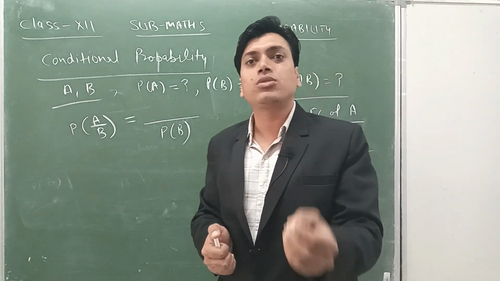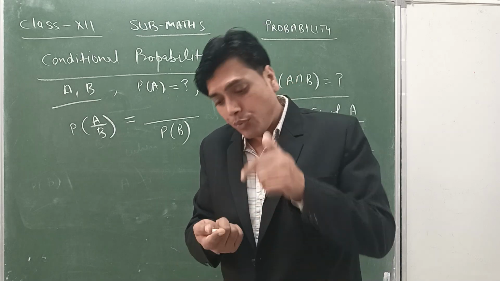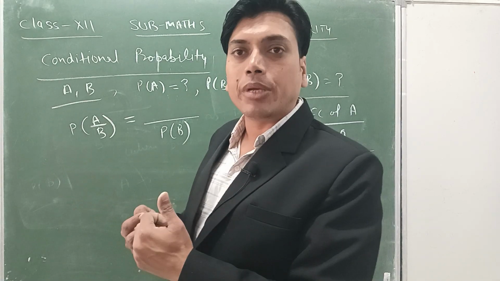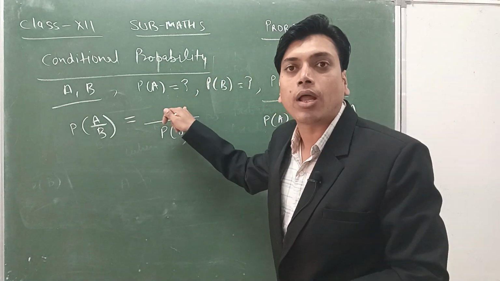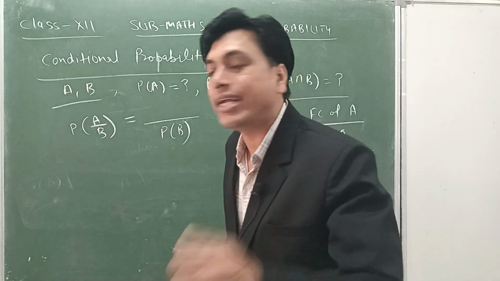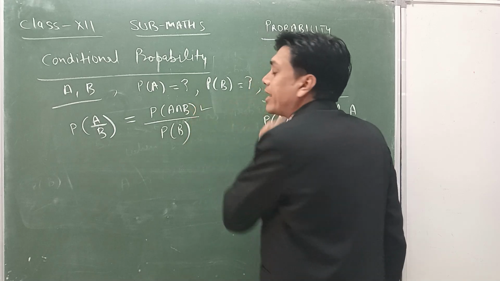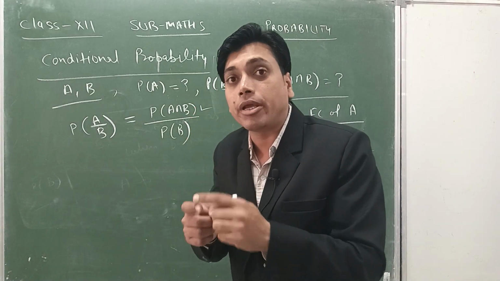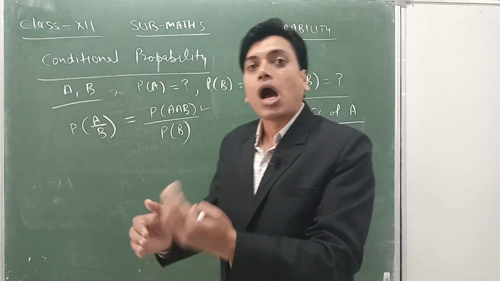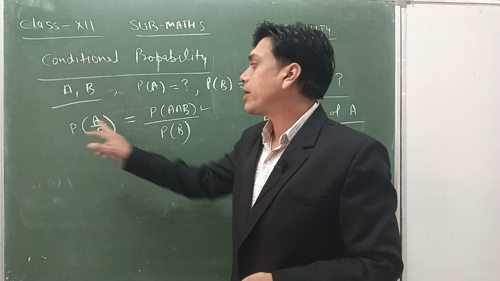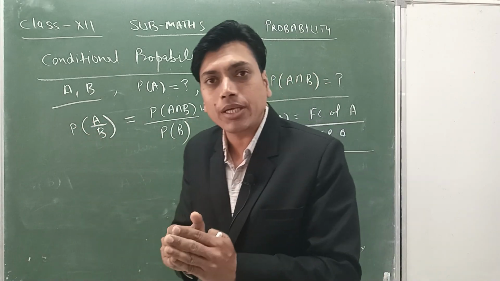We have to choose the favorable cases of A out of B. But if we are choosing A out of B, it means both will happen. So that's why the numerator of this formula will be probability of A intersection B: all the possible outcomes common in A and B, those favorable cases out of B only. That's why this is A after B, the probability of A when B has occurred.